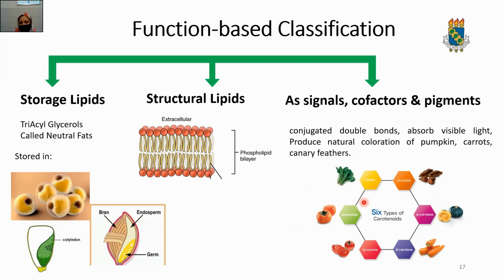Now coming to the second form of the classification, which is the function-based classification. We have three kinds of lipids based on their function. Number one are the storage lipids, and these mostly include the triacylglycerols, which are also called neutral fats, because they don't have any acidity or basicity properties.